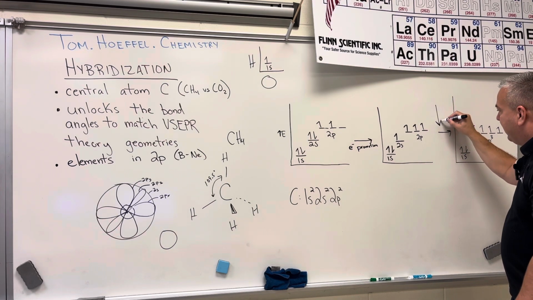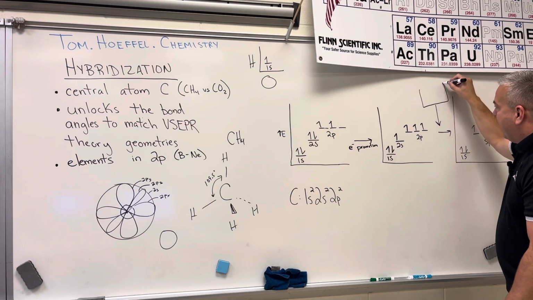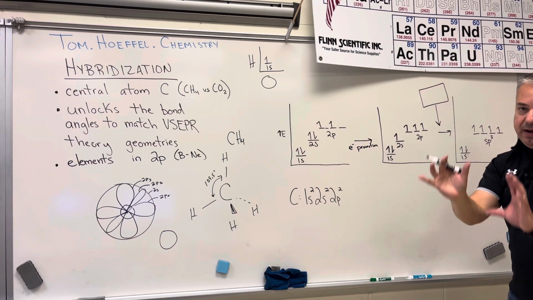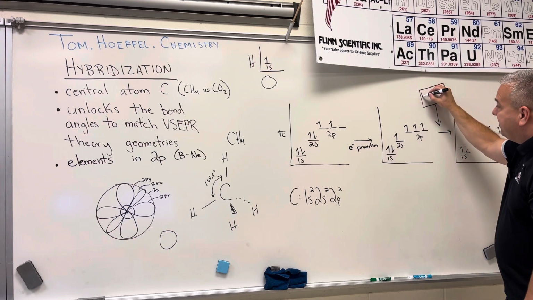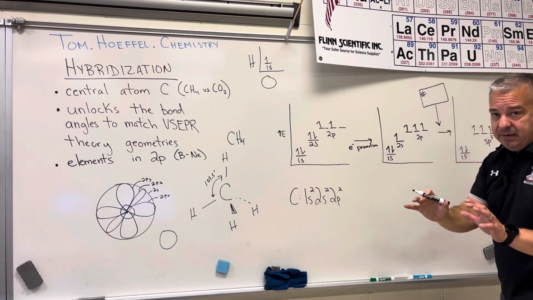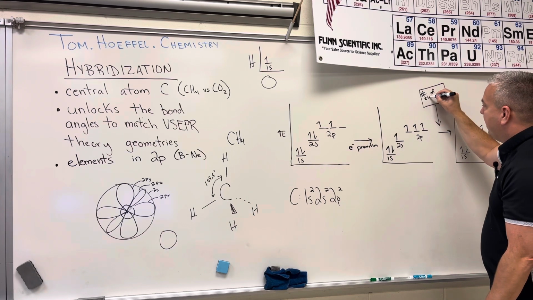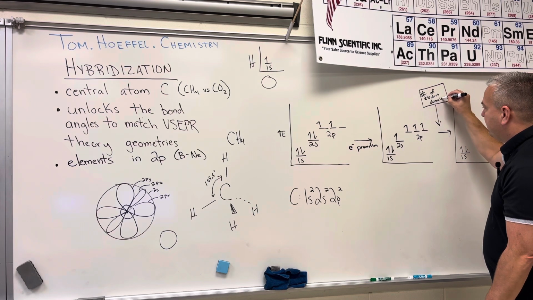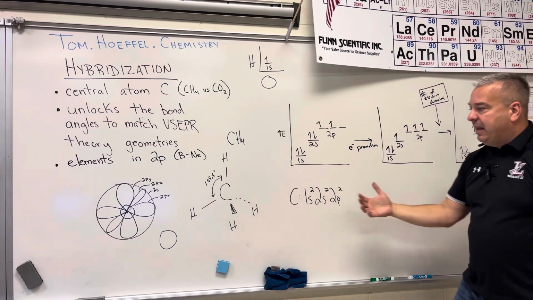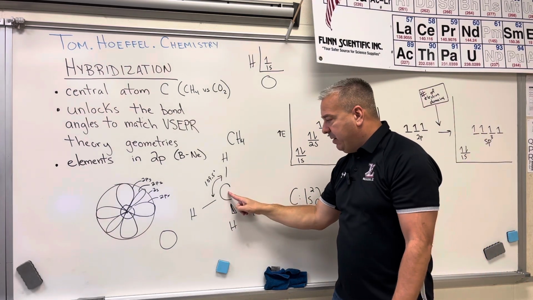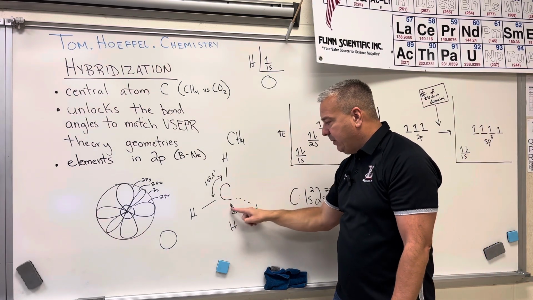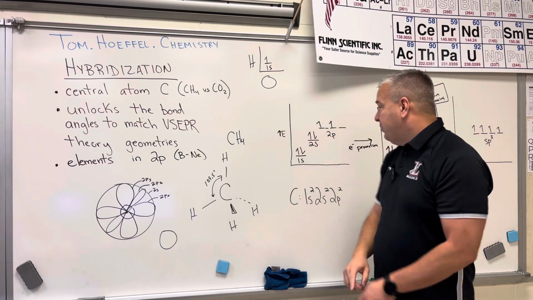Now, the type of hybridization is going to depend on one thing only, and this is probably the most important part of the lesson: the number of electron domains. If we come back here and look at the carbon and count the number of electron domains, 1, 2, 3, 4, there are 4 electron domains.